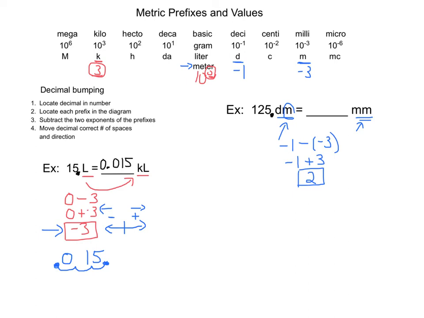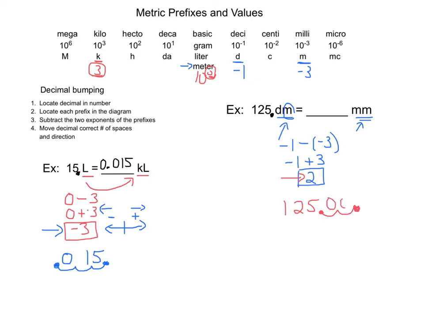So in order to convert 125 decimeters to millimeters, I'm going to take my 125 that has a decimal point right here, and I need to move it 2 spaces to the right since it's positive. And on a number line, right is always positive. So that's where my decimal will move to.